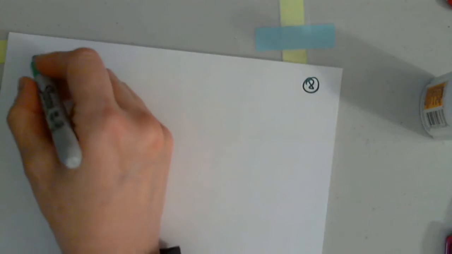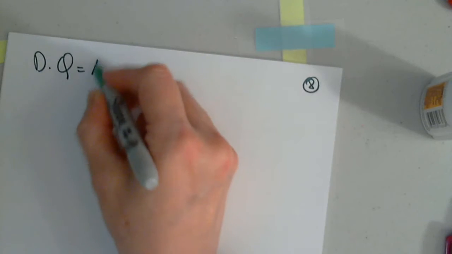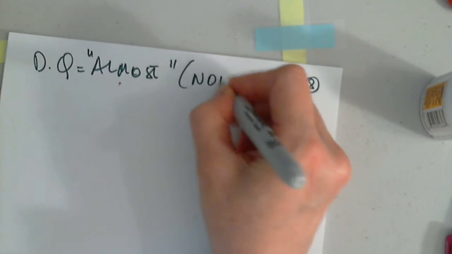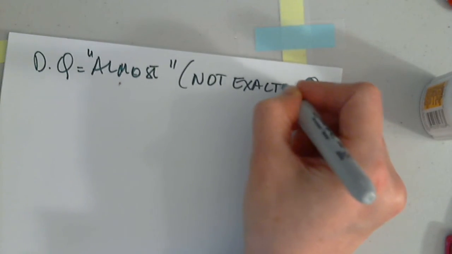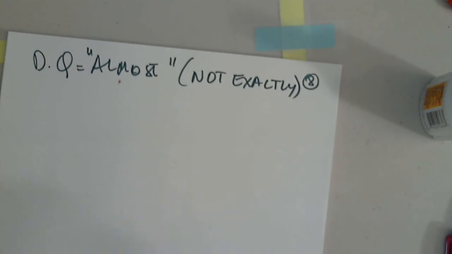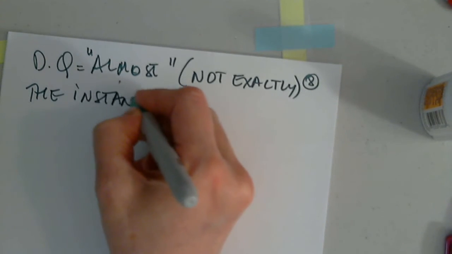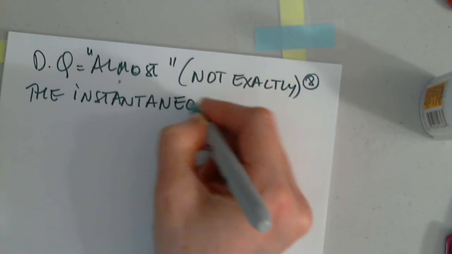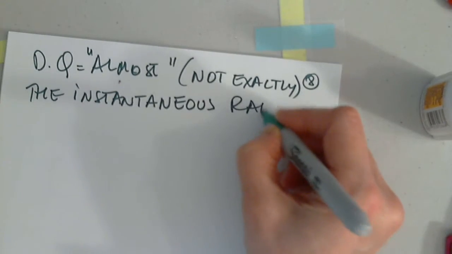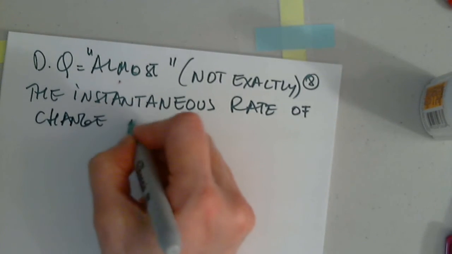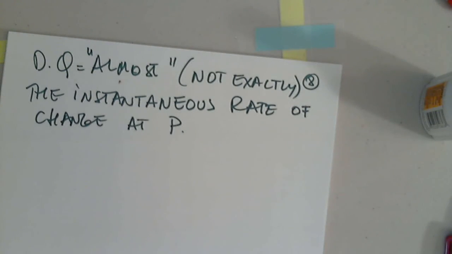So I'm going to write this down on page 8. Difference quotient, almost. I'm going to put in parentheses, not exactly. So you remember that. Almost the instantaneous rate of change at P.